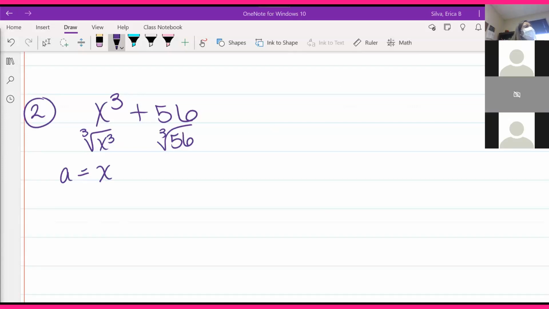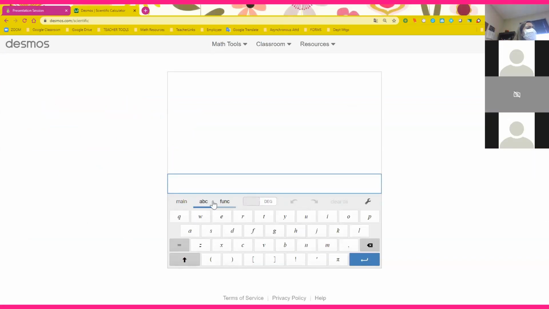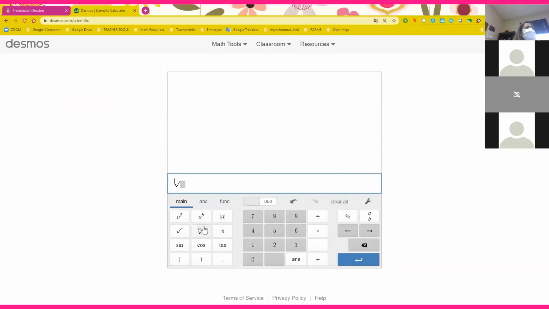So let me share my screen with you all. You see how here it has an n as the root? This is the one you want to use because it'll leave a space for you to type in that 3. Let me repeat that.